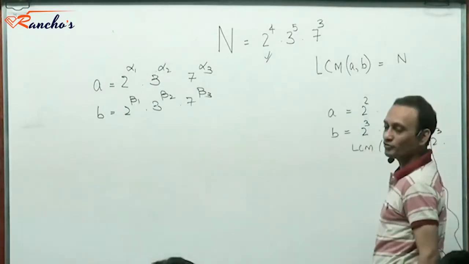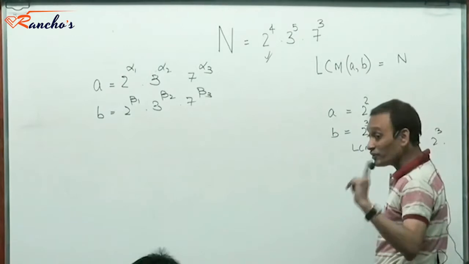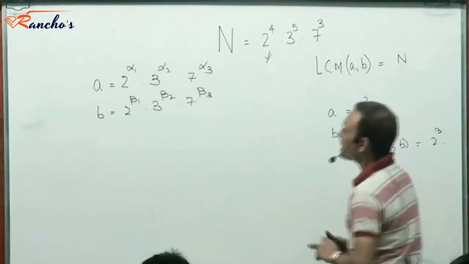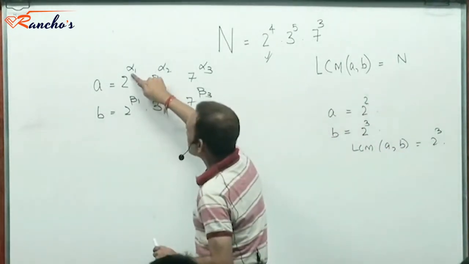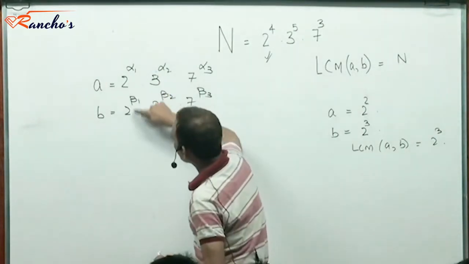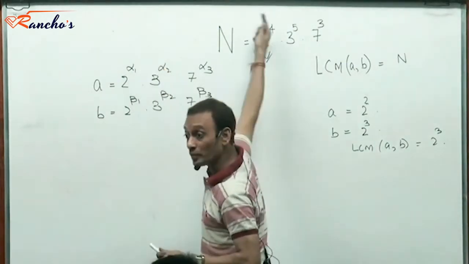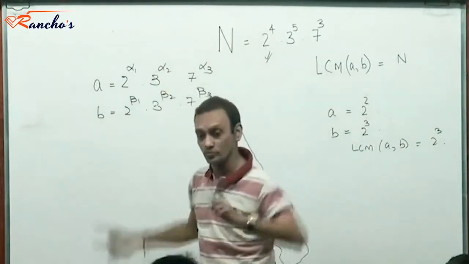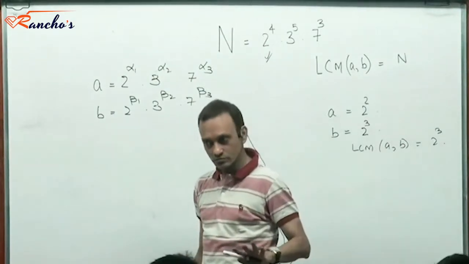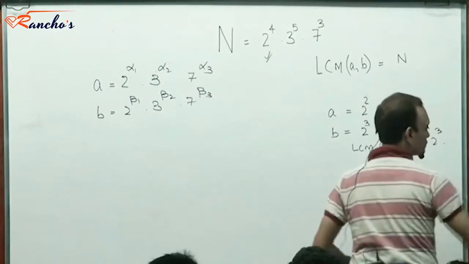Will it give you 2 to the power 4 then? He's asking, why can't this be 3 and this be 2? Then on taking the LCM, it will be 2 cubed that you will get, not 2 to the power 4. So one of them has to be 4. Yes or no? Yes, sir.